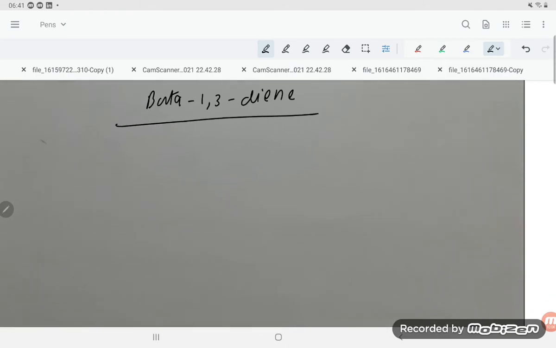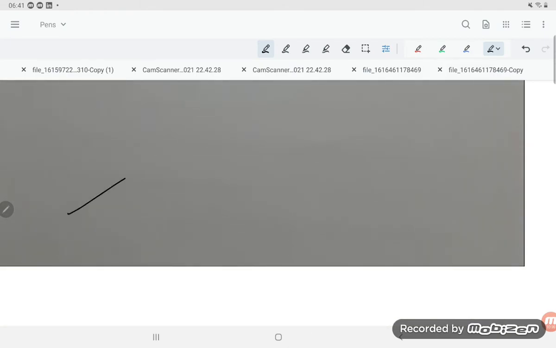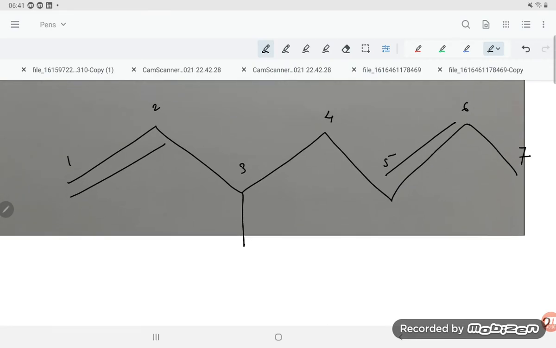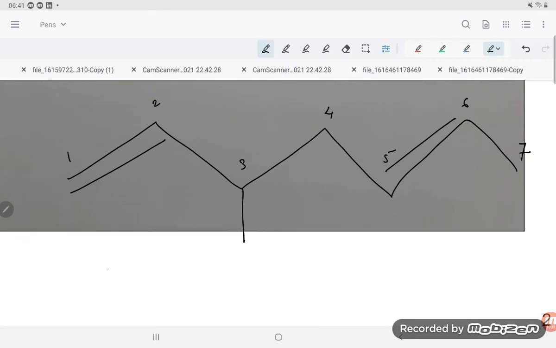Next one. Suppose I am writing this compound, student. Here is a double bond, here is also a double bond, and here is this. Let us have the numbering here. 1, this is 2, this is 3, 4, this is 5, 6 and 7. So how can you write the name of this compound, student?